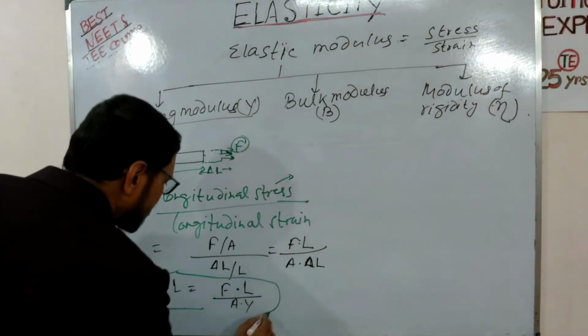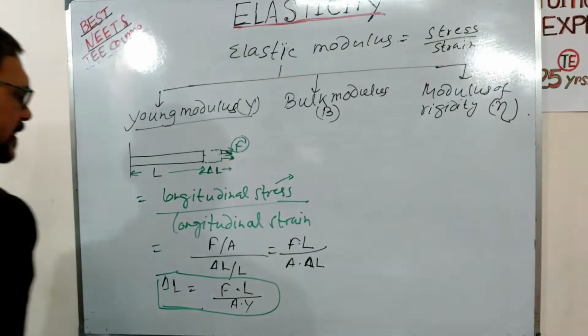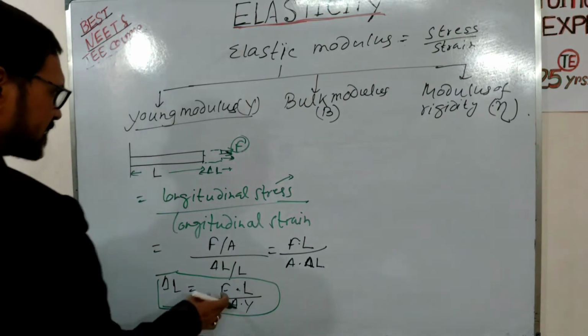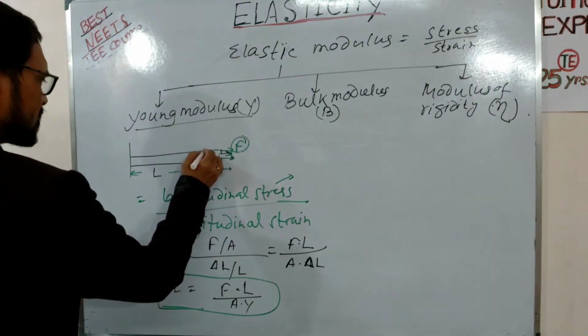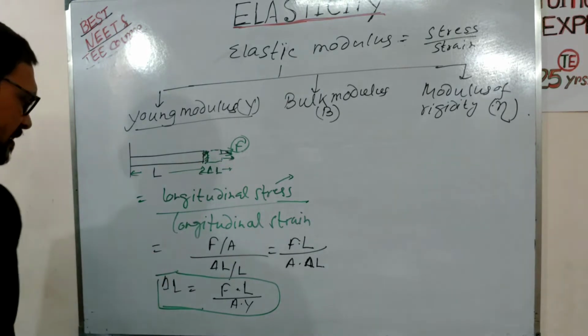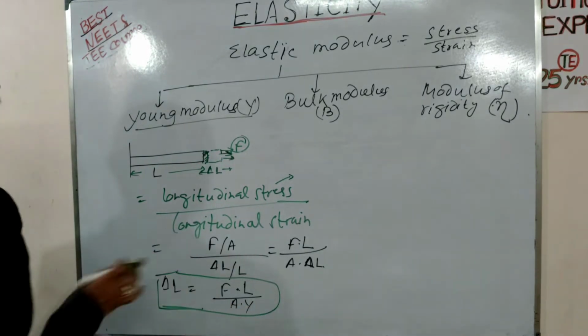Important formula: increase of length equals F L by A Y, where L is original length, A is the cross-section area, and Y is Young modulus.